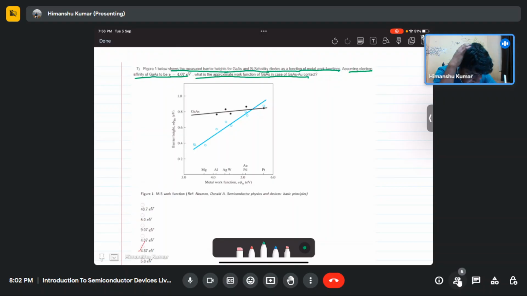Electron affinity of gallium arsenide is 4.07, so chi is 4.07 electron volt. What is the approximate work function in case of gallium arsenide AU contact?